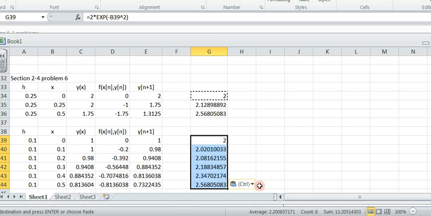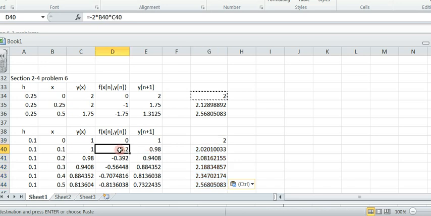Very interesting. 2 exponent e to the minus x squared, minus 2xy. All right, well, it is what it is.